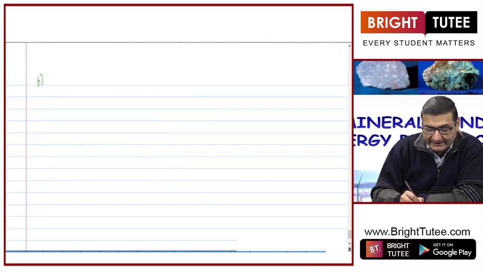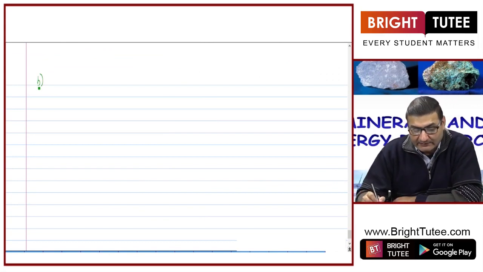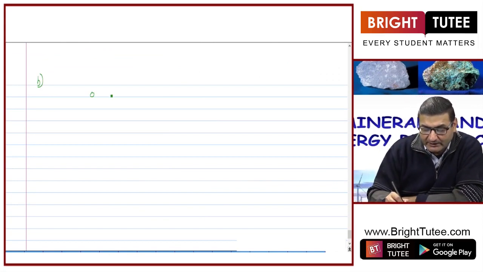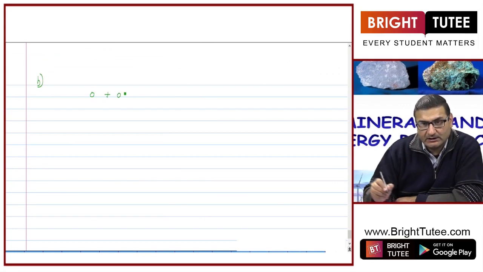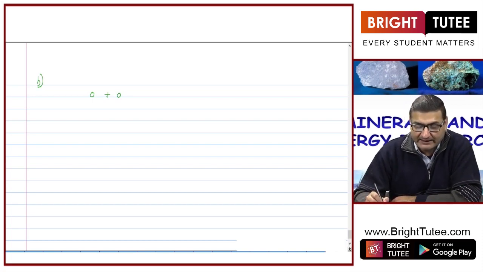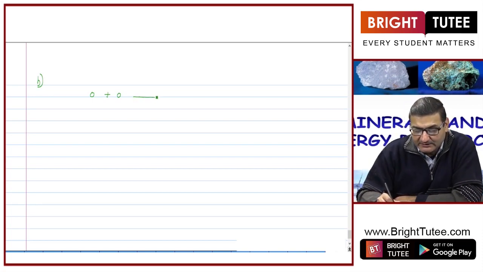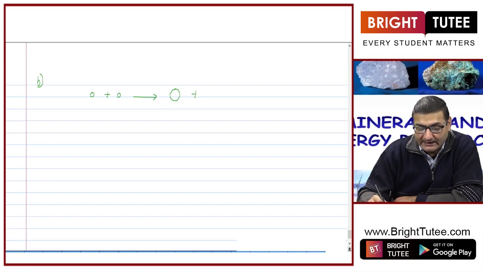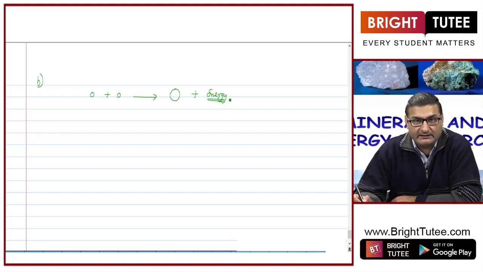There is yet another way. Now, that way is when we add up smaller nuclei. Smaller nuclei means those nuclei which have very less atomic mass. When we add up these smaller nuclei, they combine to form a bigger nucleus, and in this process also a lot of energy is liberated.